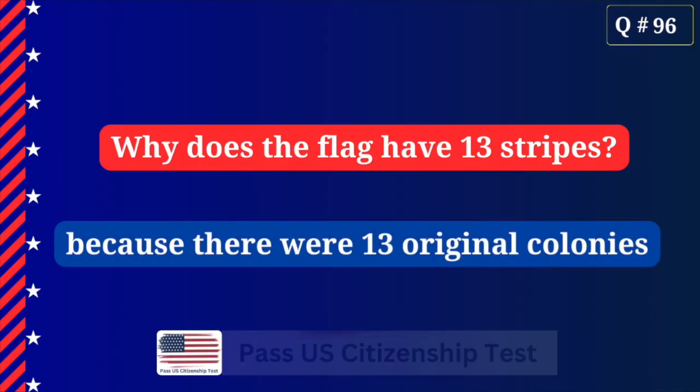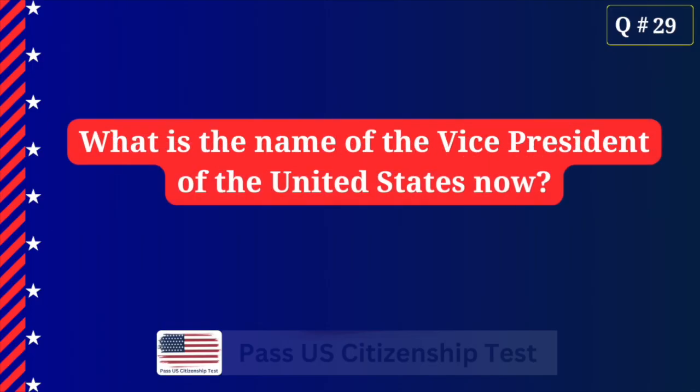Because there were 13 original colonies. What is the name of the Vice President of the United States now? J.D. Vance.